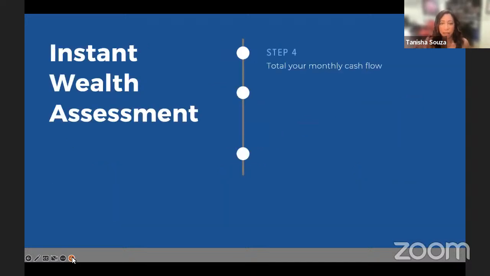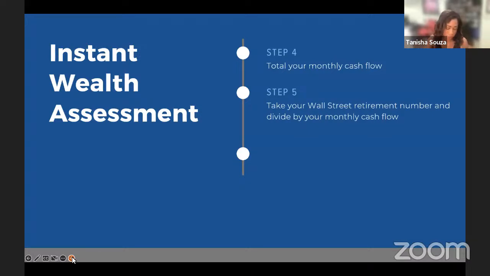So let's take that monthly cash flow number. In the example I just gave, 10,000 minus 7,000 in expenses equals 3,000. Take your Wall Street retirement number and divide that by your monthly cash flow. So if your Wall Street number was 1.68 million, like I just said, you would divide that by $3,000.